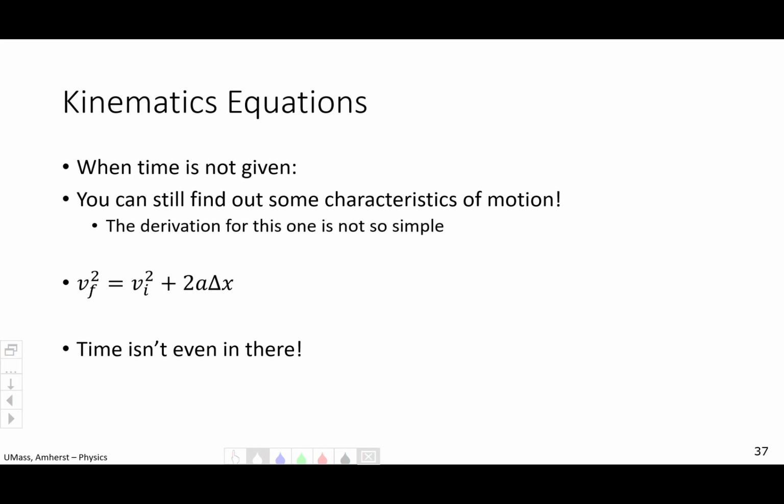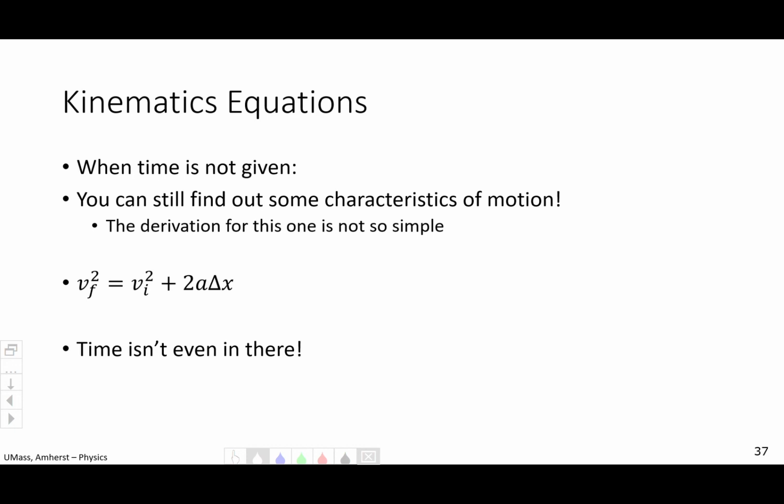It does contain 2 squares, so 2 powers of 2, but that's not particularly complicated if you know how to take square roots and or square numbers. The reason why it's the easiest to determine when to use it is because it is the only kinematic equation that does not have time. So when time is not given, you can still figure out some of the characteristics of motion of the object.